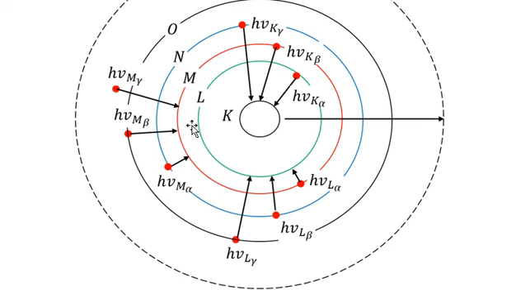The electrons from the M shell, the N shell, the O shell, and even the higher shells will move towards the L shell to fill the vacancy. And then, of course, the transitions will take place, and the quanta of photons that will be released in this process will be M alpha, M beta, M gamma, and M delta, etc. So an M series is formed.